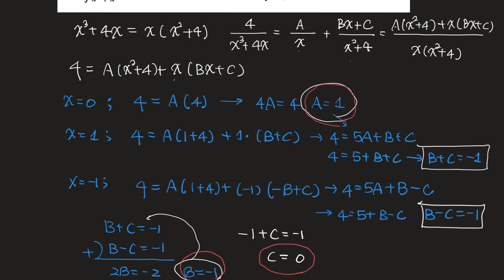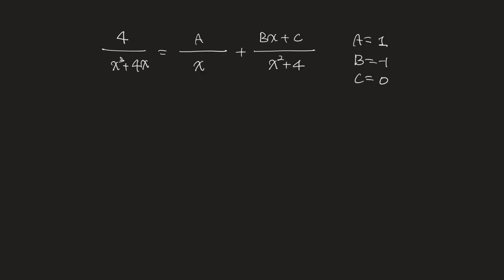Now we're going to take the integral. Let's find the integral of this rational function. You found A equals 1, B equals -1, C equals 0. So this is 1 over x, plus -1 times x over x squared plus 4.